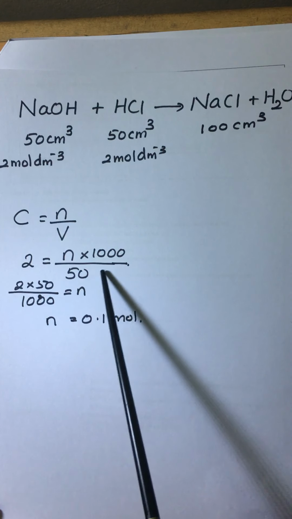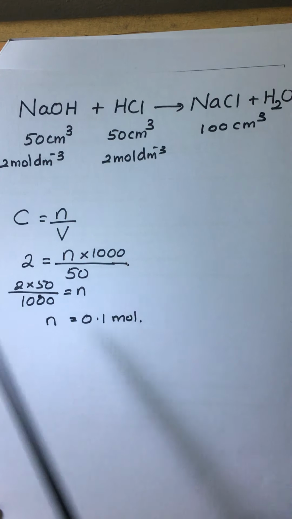So n is equal to 2 into 50 over 1000. When you simplify this, you get 0.1 mole. So we are taking 0.1 mole of sodium hydroxide. In the same way, HCl has the same value, because it is 50 cubic centimeters at the same concentration, so 0.1 mole of hydrochloric acid.